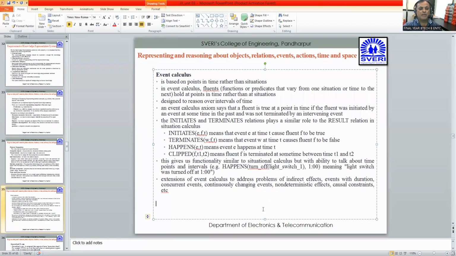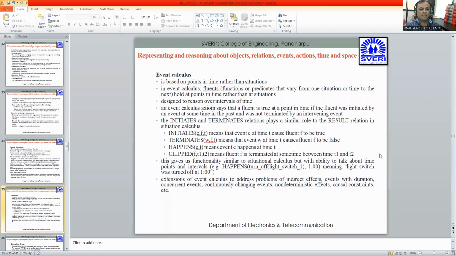This is all happening around artificial intelligence, around the calculus, and we have been finding out the relationship between objects, relations, events, actions, and times.